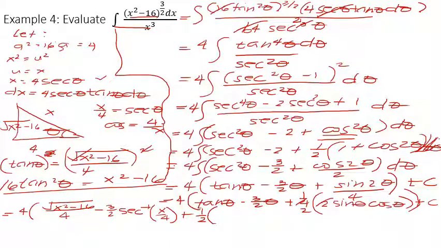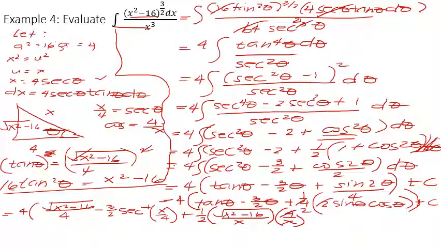Then sine theta is your opposite over your hypotenuse. This is equal to the square root of x squared minus 16, all over x. And then your cos theta is equal to 4 over x, right?